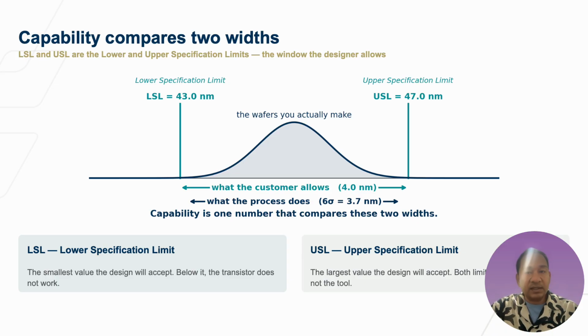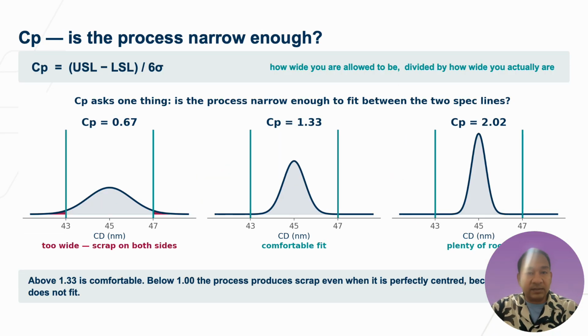When the process width is comfortably smaller than the specification width, you have margin. When it is bigger, you produce scrap no matter how carefully you center the process. 2 widths, 1 ratio, everything else is refinement. CP is that ratio written down. Specification width divided by process width, 4 nanometers over 6 sigma.